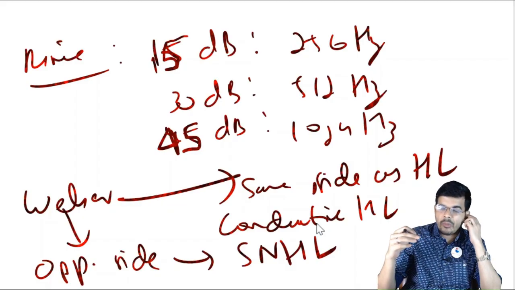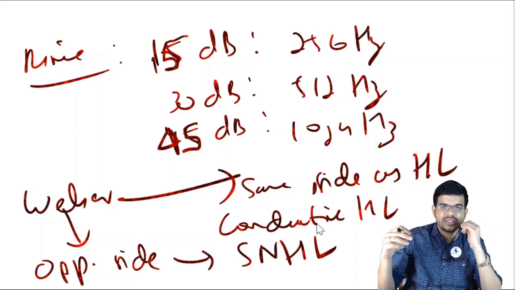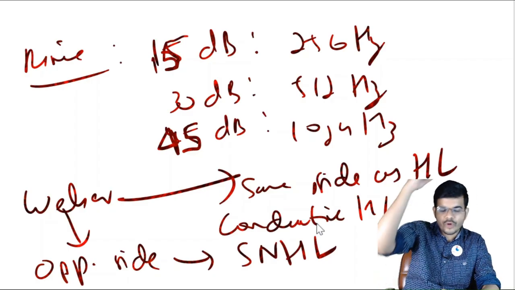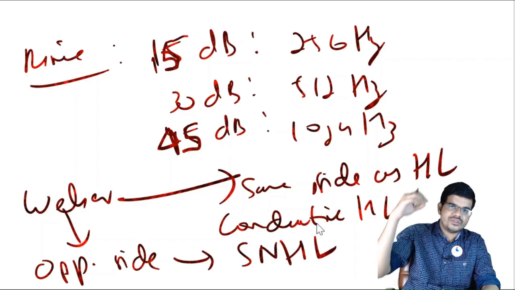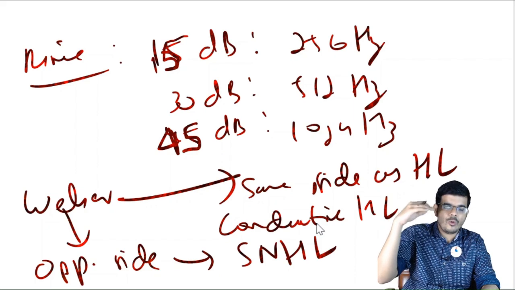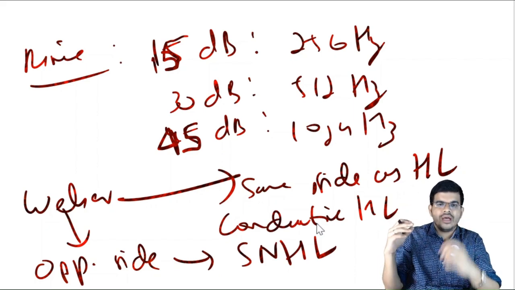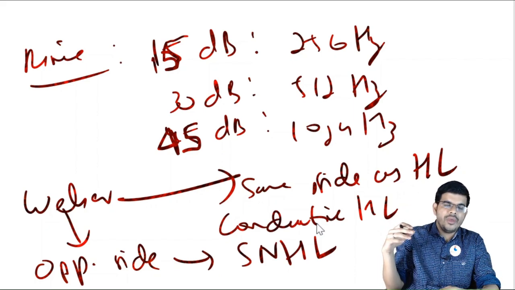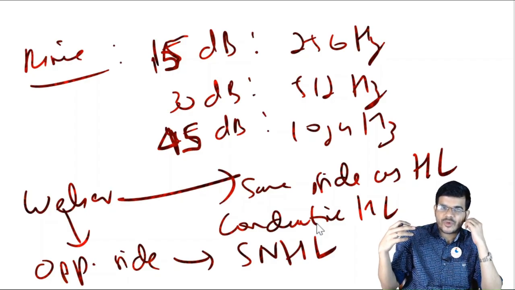When the ear is blocked because of the occlusion effect caused by the conductive deafness, the tuning fork which is kept in the center, which is vibrating the whole of the skull, the vibration will be appreciated better in the ear where the conductive deafness is, because the external sound is not heard because of that blockage. Because of the conductive deafness, the external sound won't be heard.